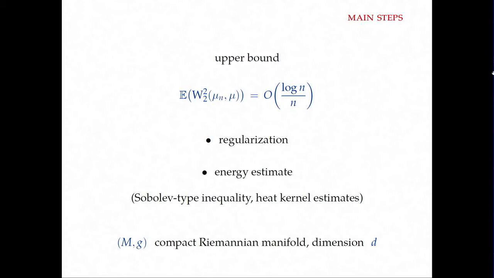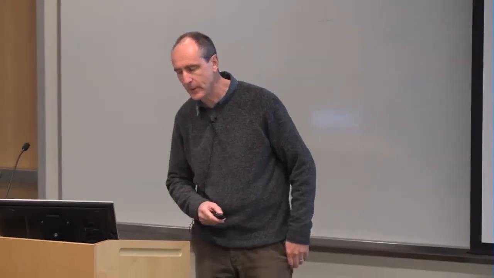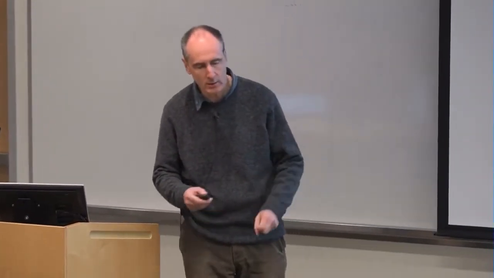So there are 2 main steps. First step is a regularization procedure, and the second step is a kind of energy estimate using the heat kernel, or actually the trace of the heat kernel. So let us briefly discuss this.